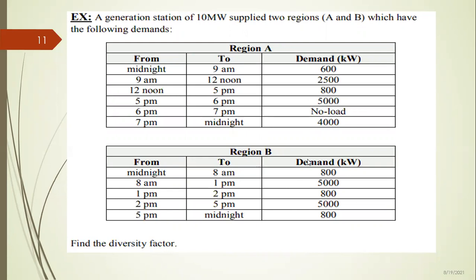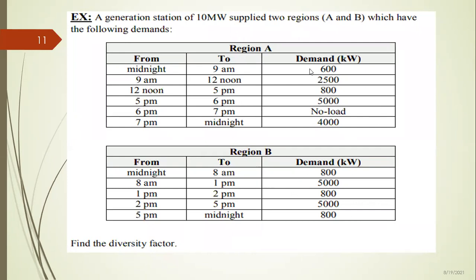There are two groups, region A and region B. This is the load for region A and this is the load for region B. For region A, from midnight to 9 AM, the demand is 600 kilowatts, from 9 AM to 12 noon the demand is 2500 kilowatts, and from 12 noon to 5 PM the demand is 800 kilowatts, like this. Similar data is there for region B.